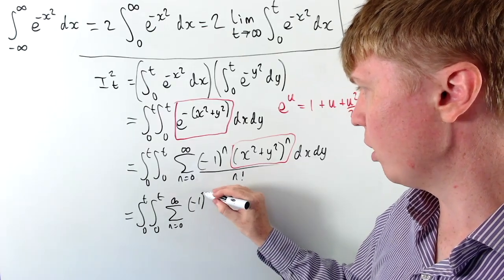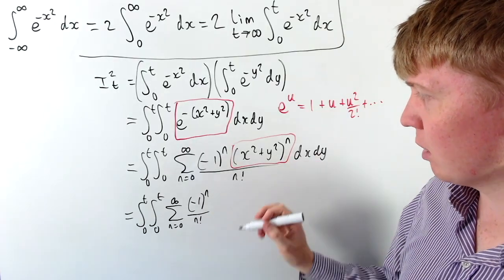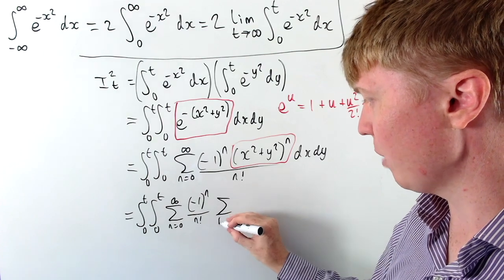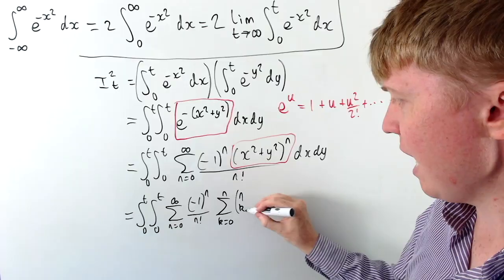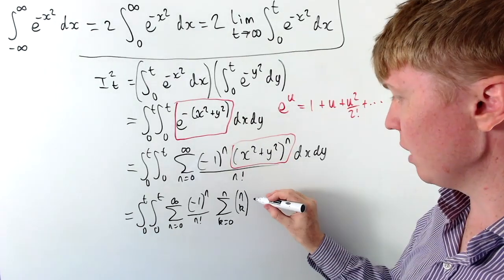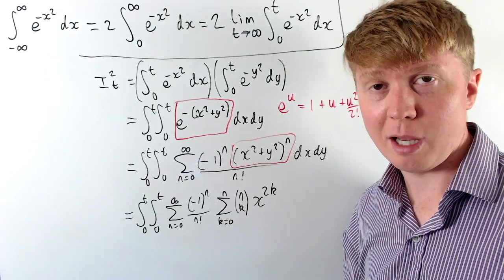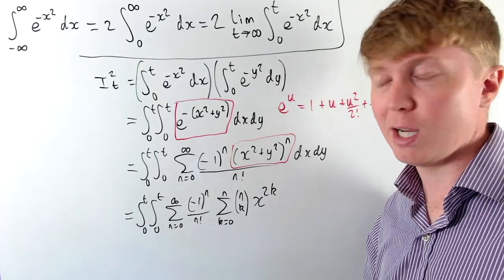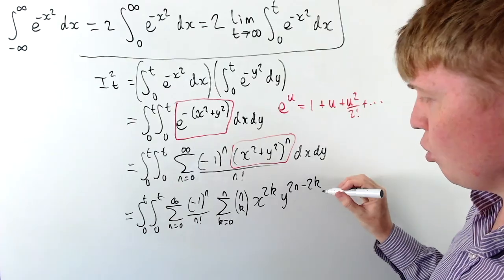We've got negative 1 to the power of n over n factorial, but now we're rewriting this using the binomial expansion as the sum, let's say, from k is 0 up to n of n choose k, then we'd have x squared to the power of k, so we'll write this as x to the power of 2k, then we'd have y squared to the power of n minus k, which we can write as y to the 2n minus 2k.